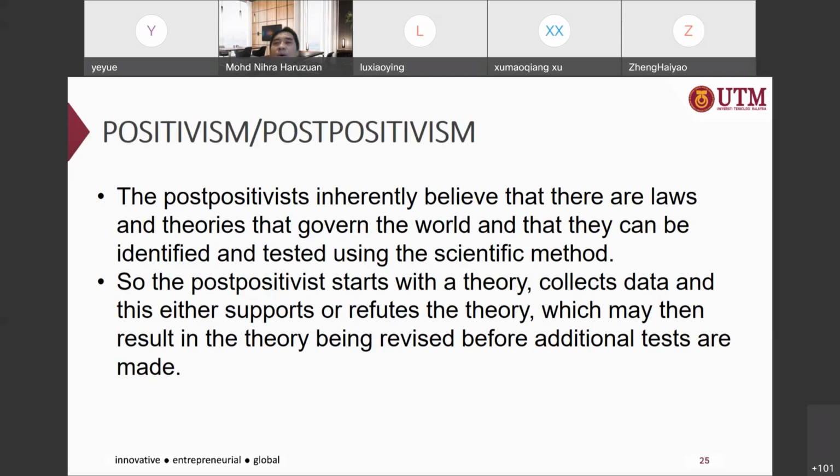This is quantitative, which I believe most of you are doing now. Quantitative very much starts with a theoretical framework, and then you frame your data collection, and from there you can test your hypothesis, and from the findings you can see whether it supports or contradicts the theory, right?